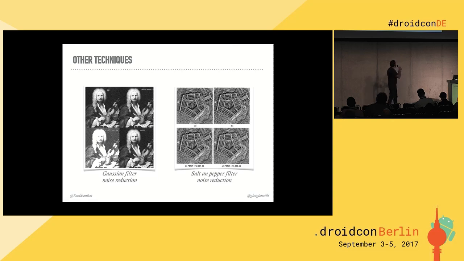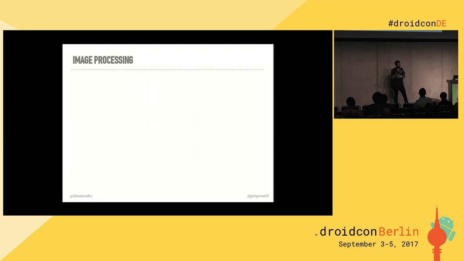If you take a look at this gentleman, this version is much clearer. But if you look at it carefully, here you understand better which are the objects, but here the details are more defined. So it's balanced. It depends on what you have to do. Most of the time you have to recognize an object. You need fewer details, and a Gaussian filter or a salt and pepper filter help a lot to reduce the noise.